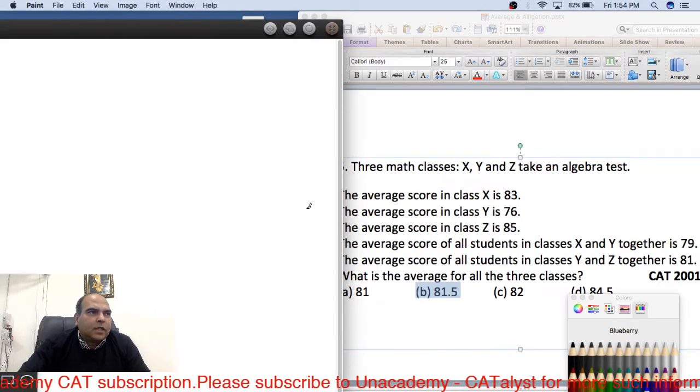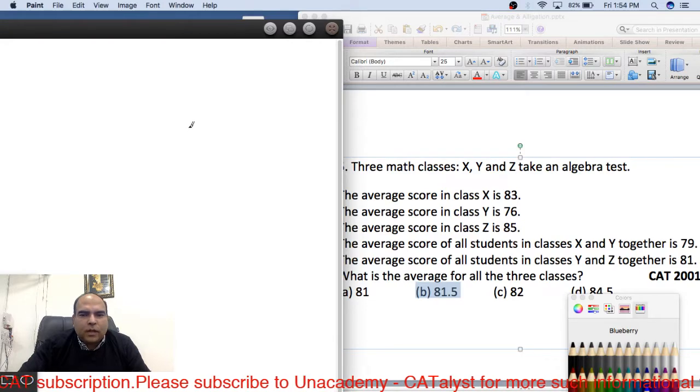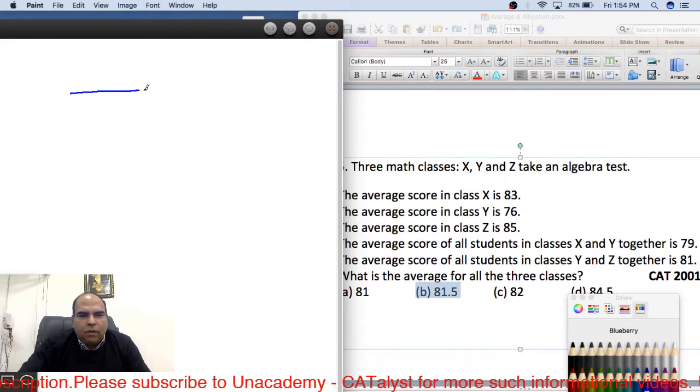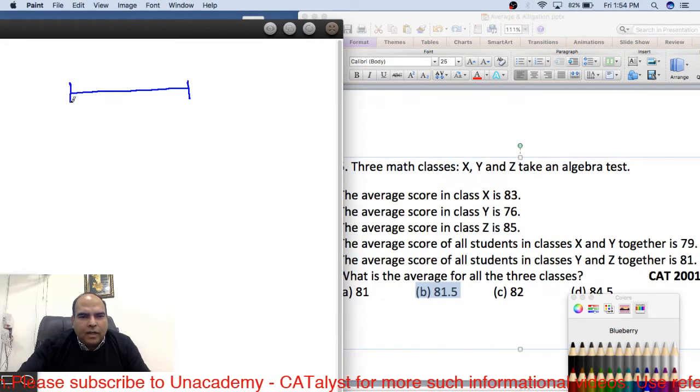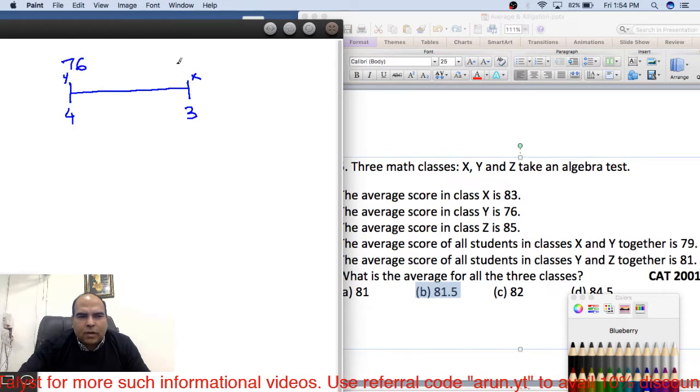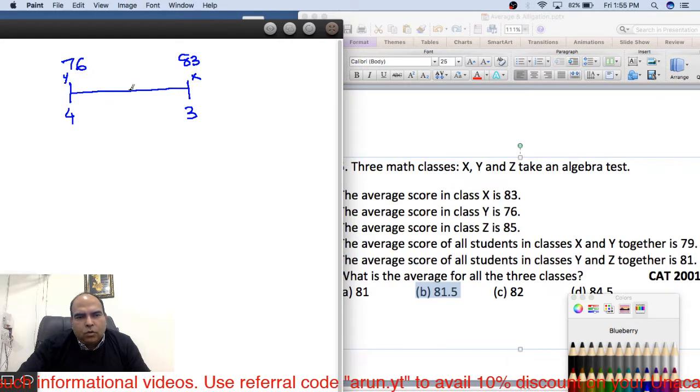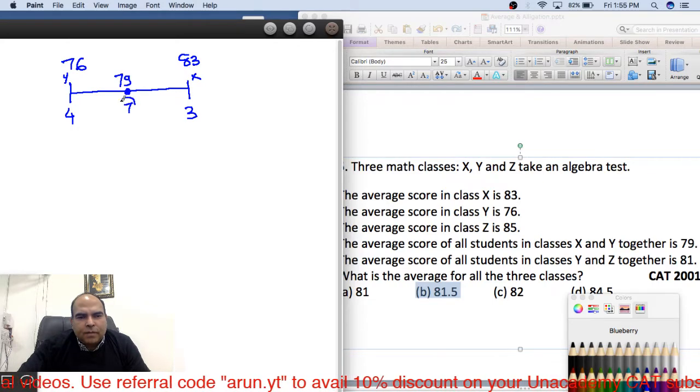Now there's one more thing you can do. There was another option that you could have done in this question. When you had the initial reaction that y has 4 and x has 3, and the average of y is 76 and the average of x is 83, then the average you are getting of 79 is for 7 people.